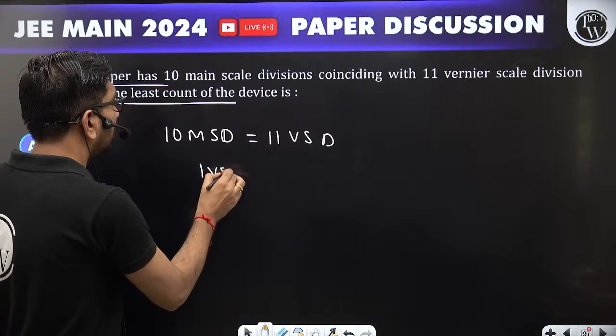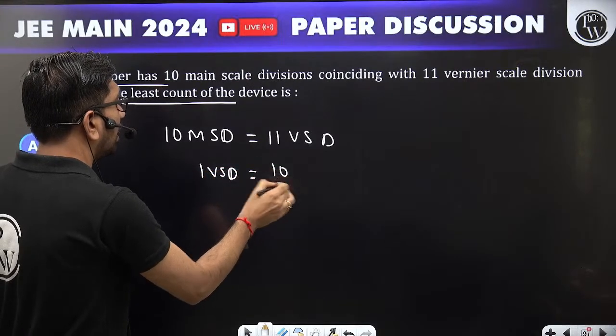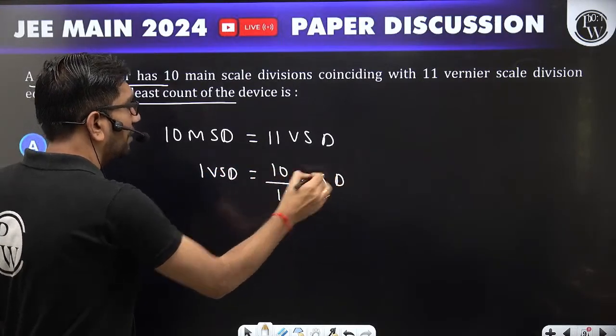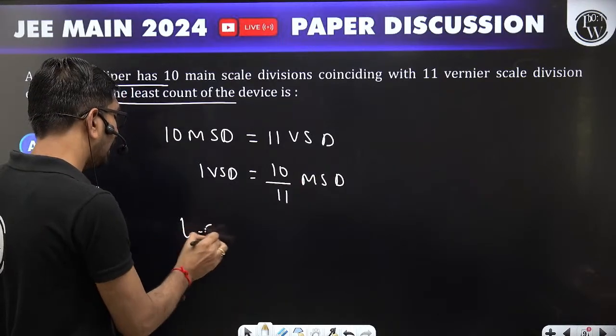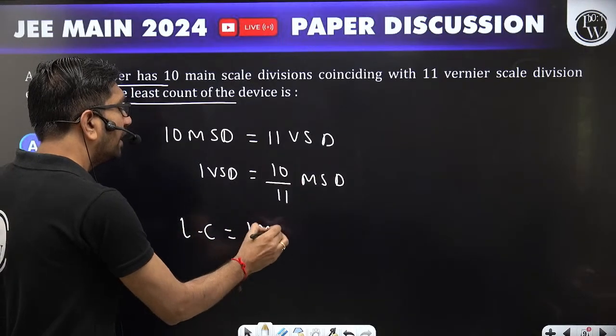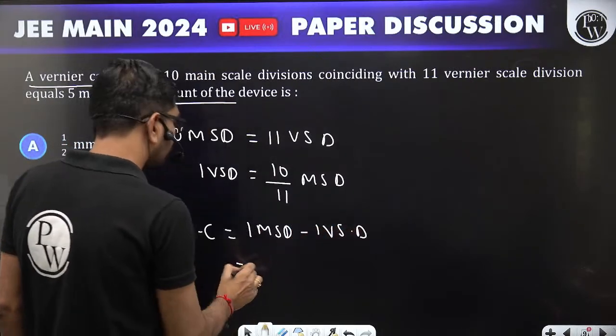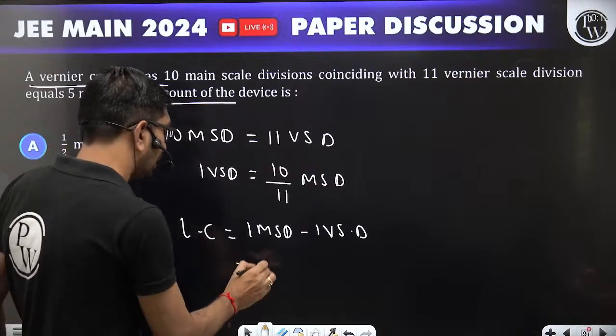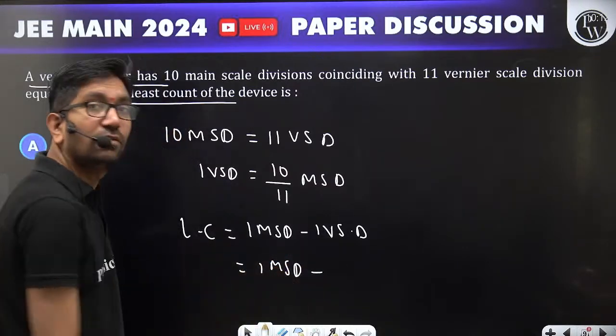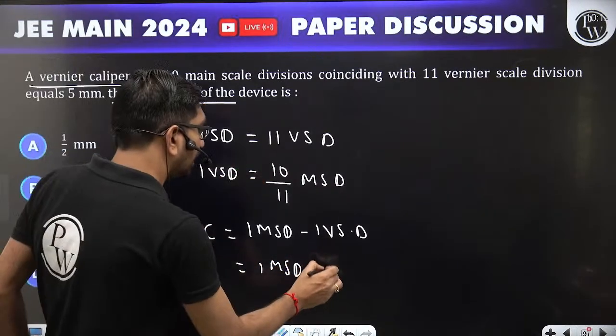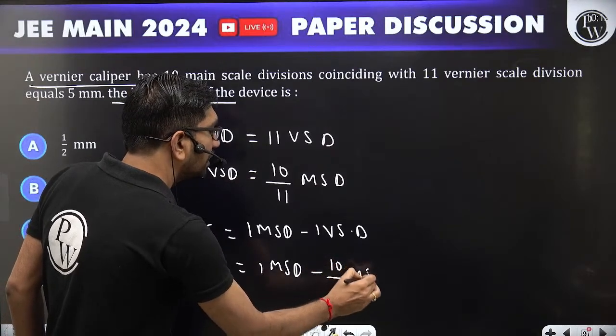So 1 VSD is equal to 10 by 11 MSD, am I right? Simple formula for least count: 1 main scale division minus 1 vernier scale division. 1 main scale division I am writing as it is. 1 vernier scale division is given as 10 by 11 main scale divisions.